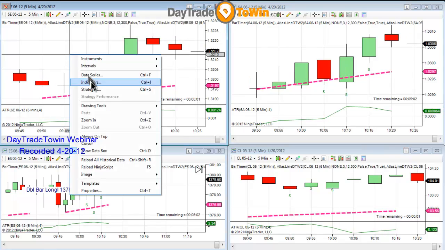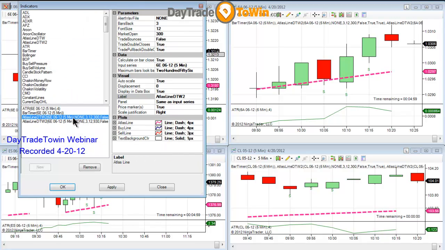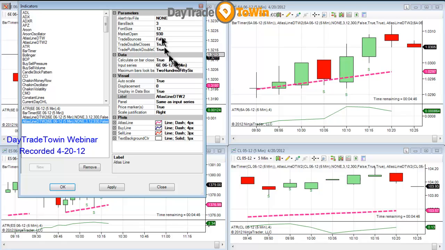The back end of the Atlas line, just to show you, has no optimization. So you can have an alert wave file. You can see where you want the text to be plotted. You just put in whatever time that market opens for you in your time zone, and then you just turn on or off the signals. There's no value attached to it, and therefore, as a benefit to a trader, you don't have to go crazy looking for the optimal time for that specific market.